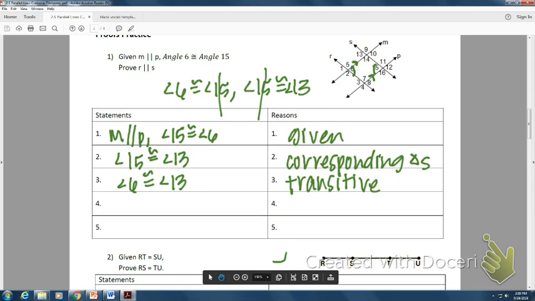What do I have now? Because 6 and 13 are congruent, R and S should be parallel. R and S would be parallel because of? Alternate interior converse. Very good. Alternate interior angle converse theorem.